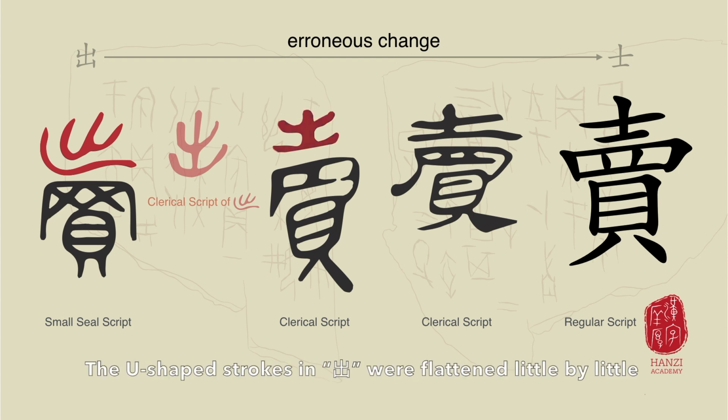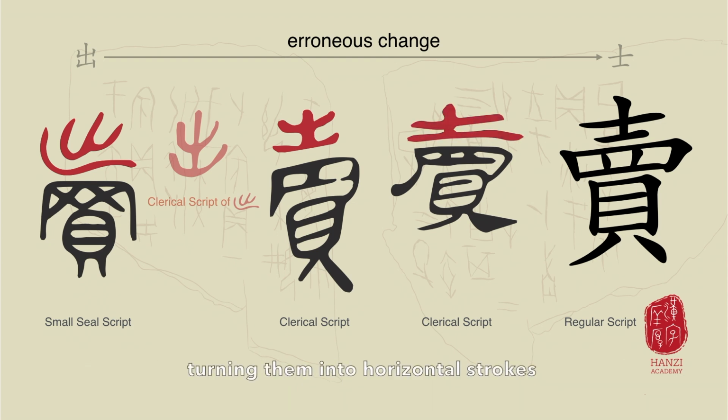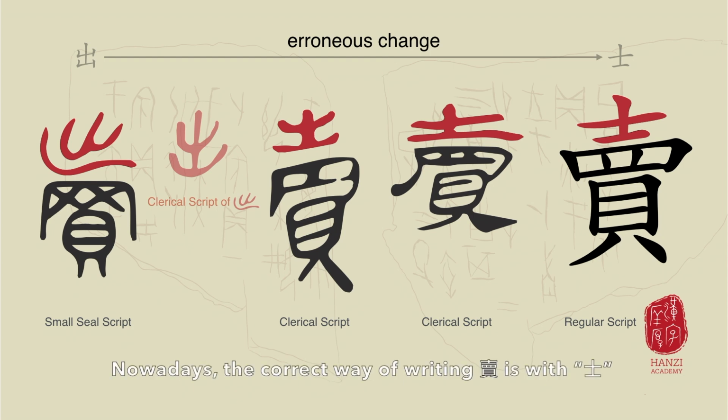The U-shaped strokes in 出 were flattened little by little, turning them into horizontal strokes that resemble the character 十 more. This simple but obvious mistake led to the character 卖 losing an important part of its meaning. Nowadays, the correct way of writing 卖 is with 十, not 出, don't forget.